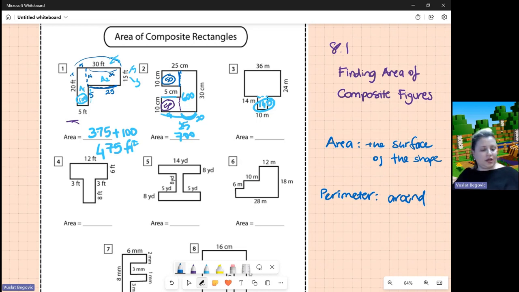I will use a calculator for this. I don't like to use a calculator, but the numbers are ridiculous. And it is 864 meters square, and this one was centimeters square. And I love these questions.